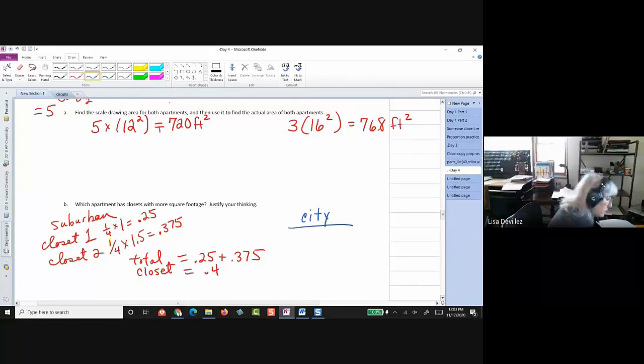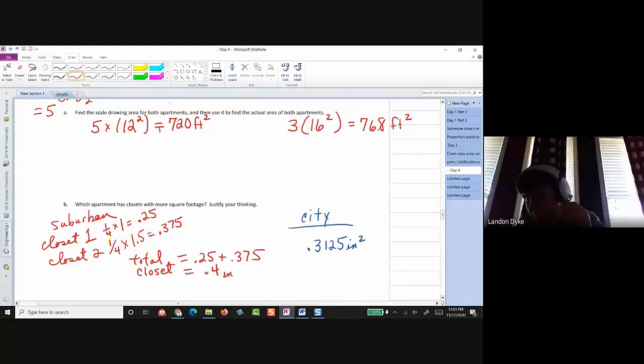So I'm getting 0.3125, and that's in inches squared because I'm using the scale value. Is that what you guys got? I just got finished with it.